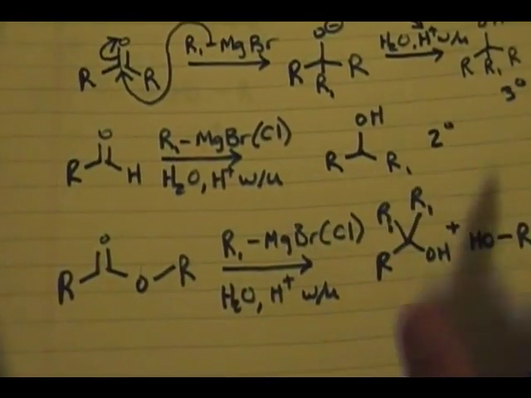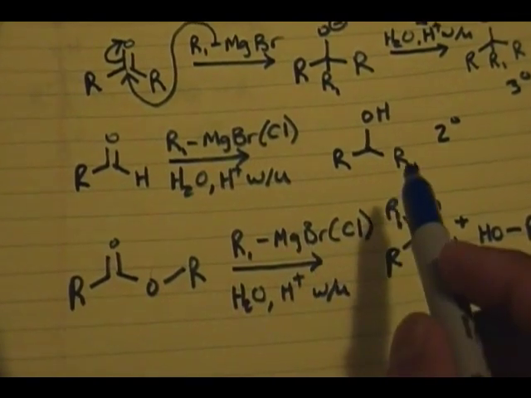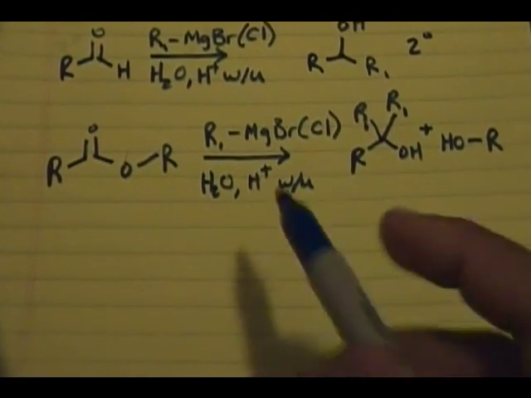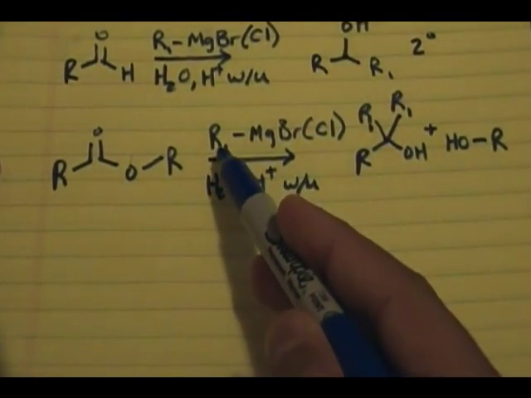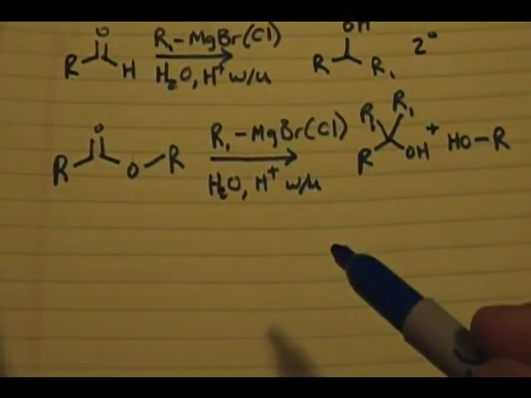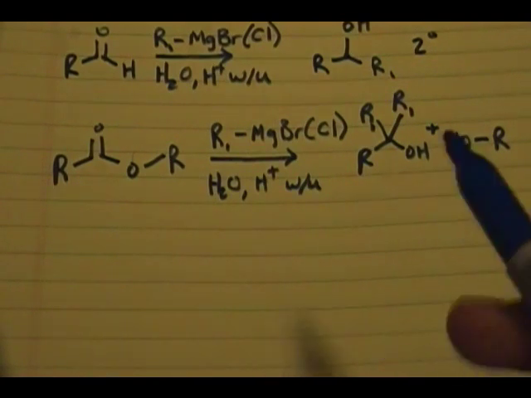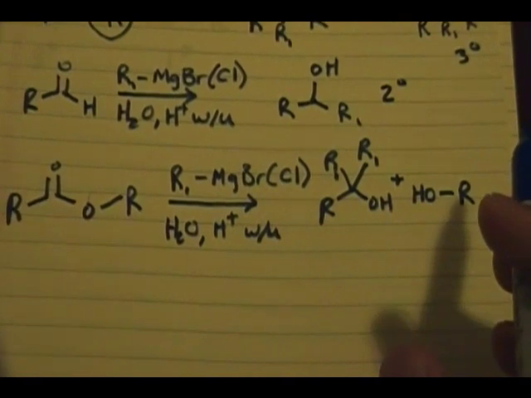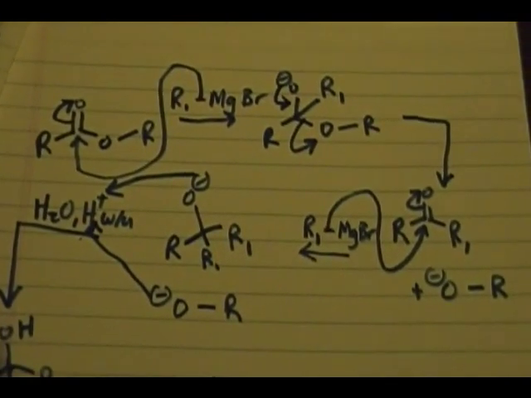Aldehyde essentially follows the same mechanism, but instead you form a secondary alcohol. The ester, you add the R group twice into the carbon of the carbonyl, and essentially this little piece right here, this OR group, will kick off. And the mechanism is shown right here.